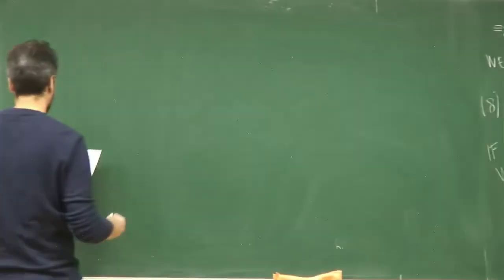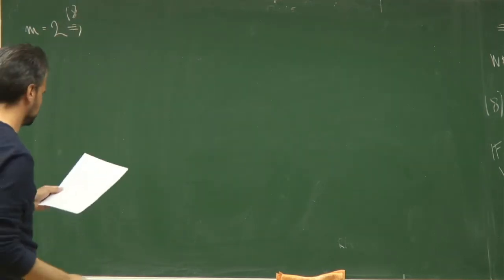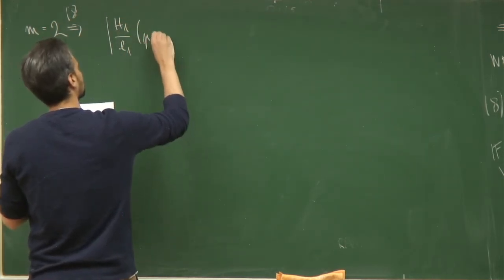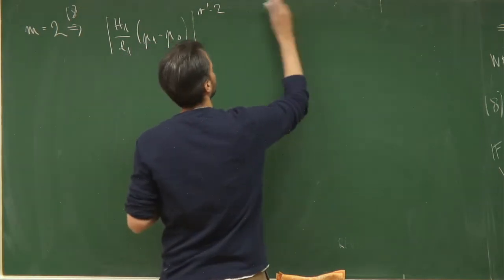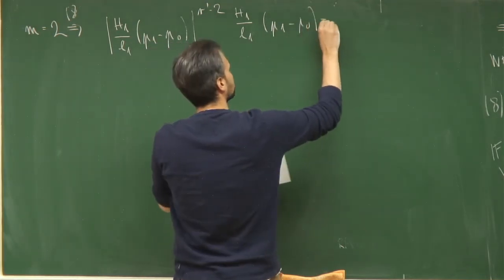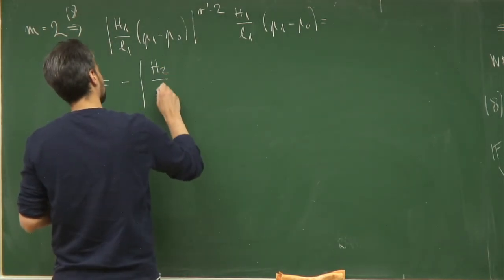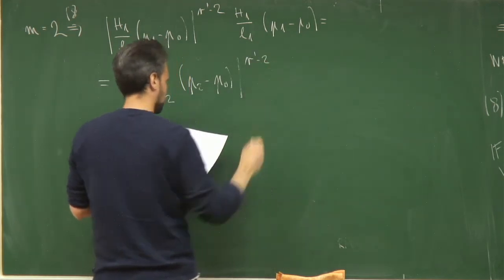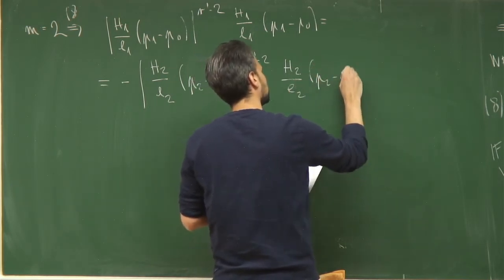So P0, so for m equals 2, we obtain from 8 the following: H1 over L1, P1 minus P0, to the r minus 2, H1 over L1, P1 minus P0 is equal to minus H2 over L2, P2 minus P0, to the r minus 2, H2 over L2, P2 minus P0.